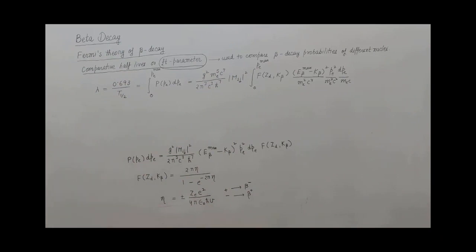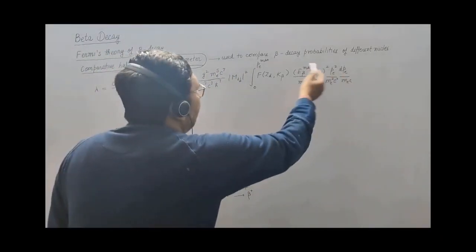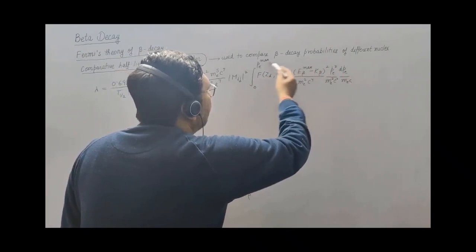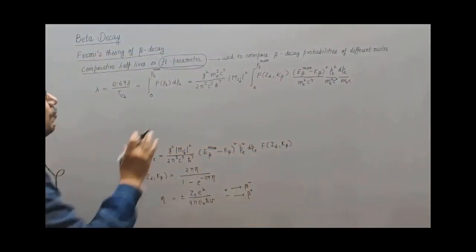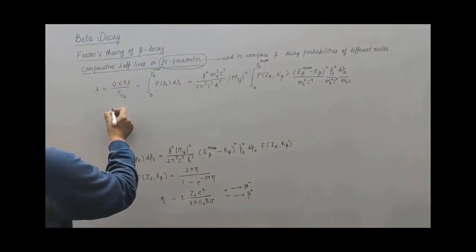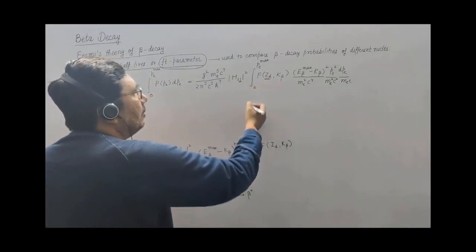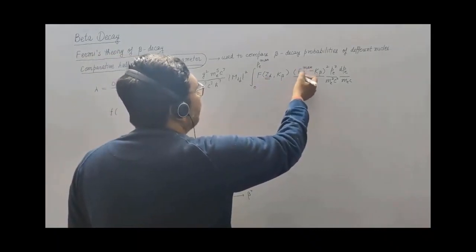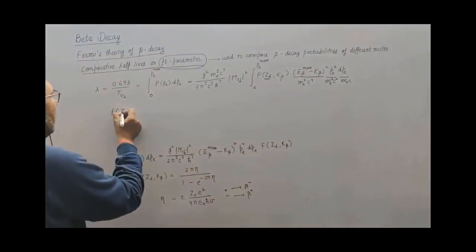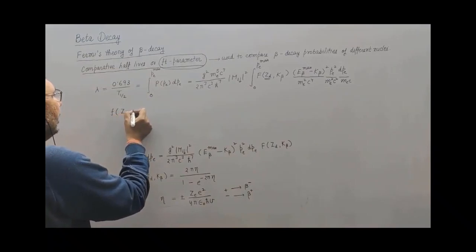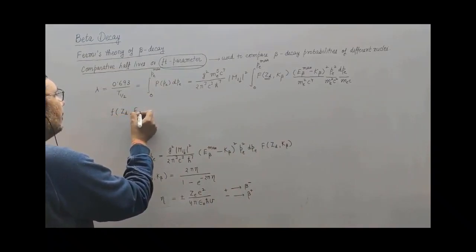Now this will become dimensionless, and this dimensionless integration is known as the F value. So how is this F value defined? After integration, this F will be a function of ZD and E beta maximum.